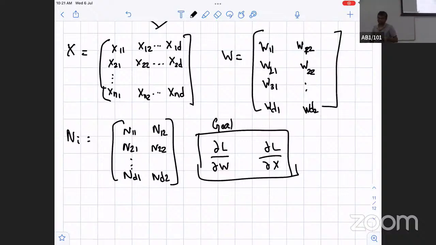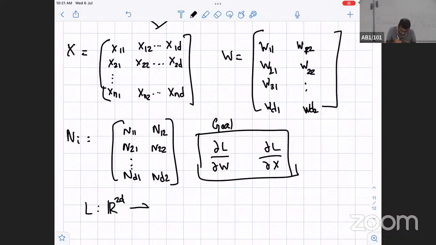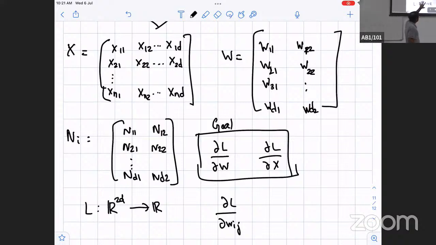So if you want to think of the loss function, if you just forget about everything else, it's a function from R^2D to R. Okay, so the gradient of L will be what? Gradient of L with respect to Wij, right? If you consider all the ij's, you can think of it as a matrix of the same dimension as W.